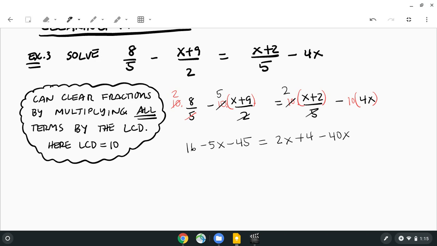So over here, you would do 16 minus 45. Let's go ahead and do that. 16 minus 45 is -29. And then over here, we have 2x and -40x. So that would give us -38x.